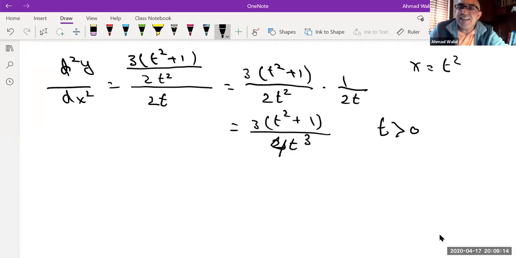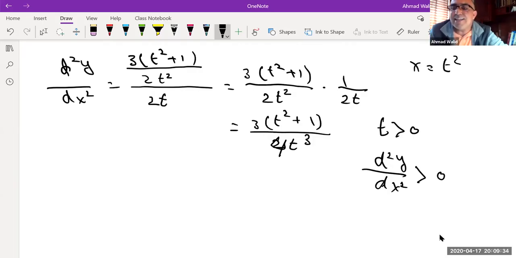Now, you talk about number line, right? Look here. If t is greater than 0, if I plug in a positive number, what will be the value of the second derivative, positive or negative? Now, if t is a positive number, for example, let's plug in 1 here, a number greater than 0, your second derivative becomes positive, right? When your second derivative is positive, then in that interval your curve is concave up, right?